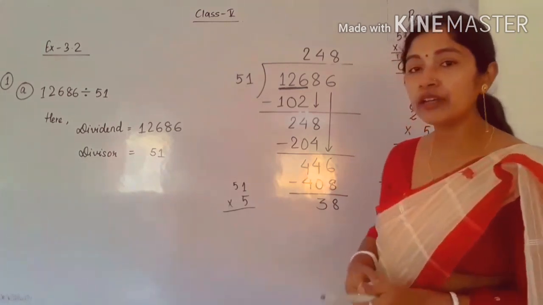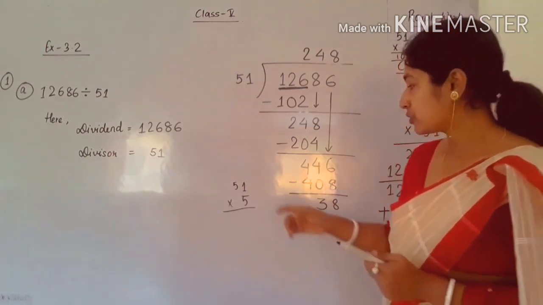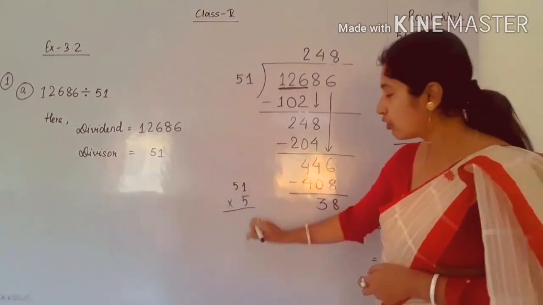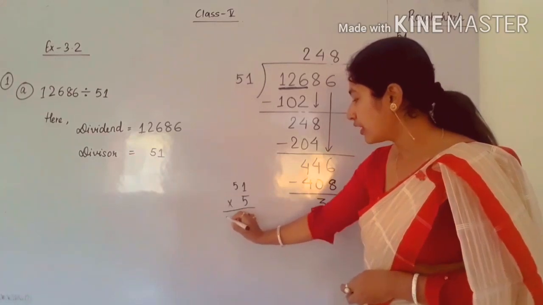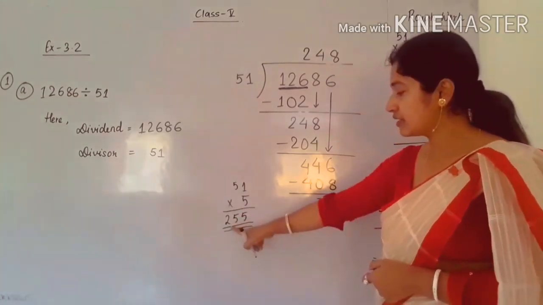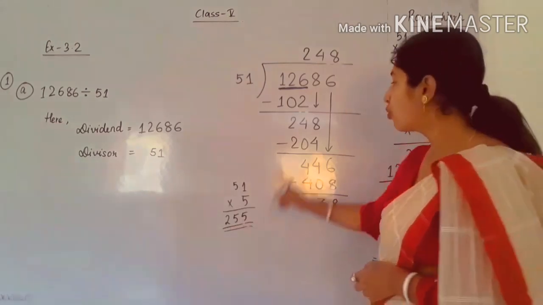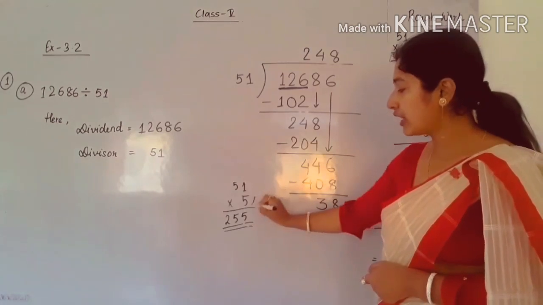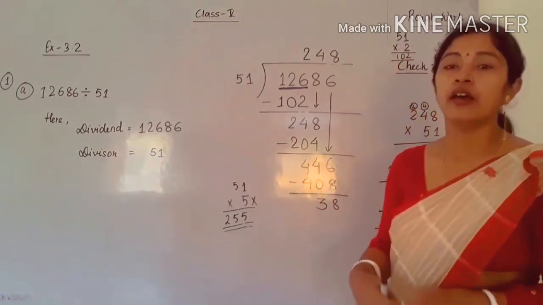Like that also you can check. 5 fives are 25 and 5 ones are 5. So all total we will get a 3-digit number, 255, which is more than 248. So we cannot take 5, we have to take 4.